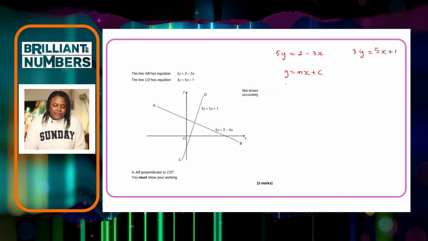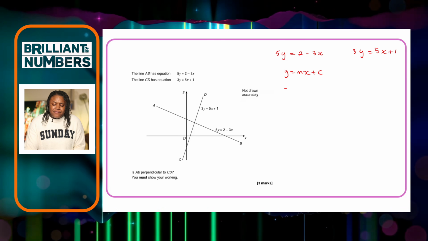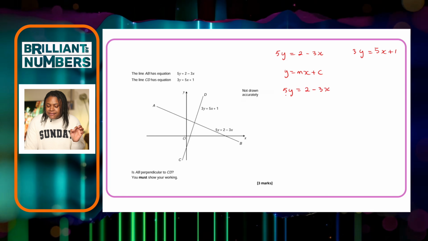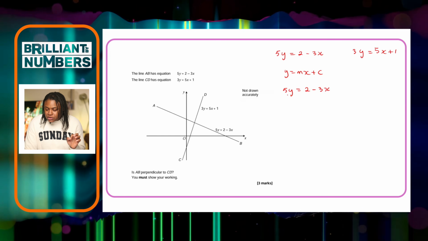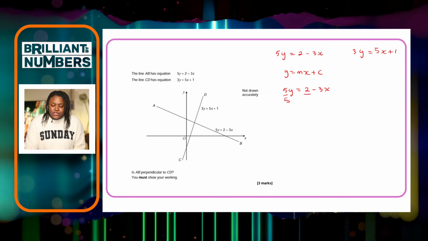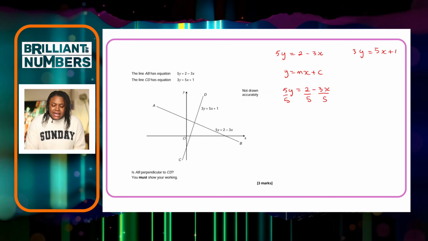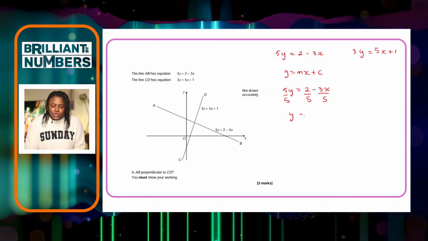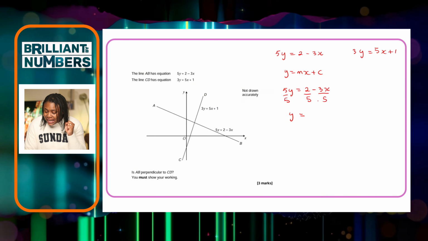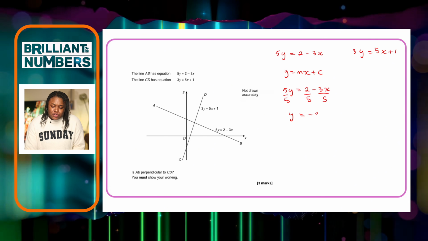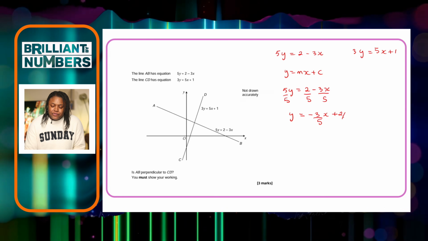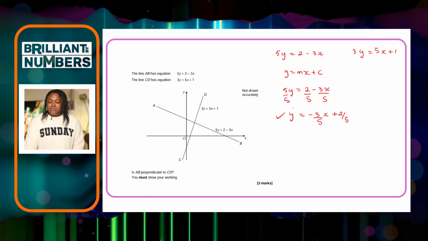So let's rearrange the first one. For AB, we have 5y equals 2 minus 3x. We need y to be the subject of the formula, so we are going to divide the whole equation by 5. This cancels out, leaving me with y equals, and I'm going to put my x first so I see my gradient clearly, minus 3/5 x plus my constant, 2/5.